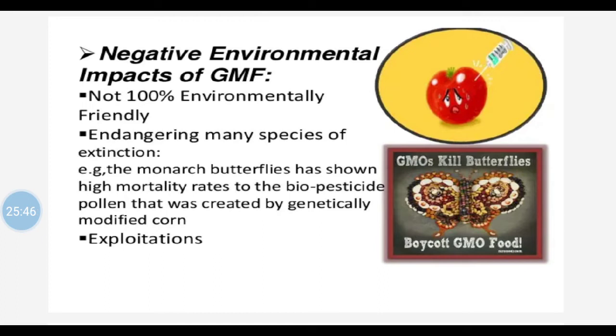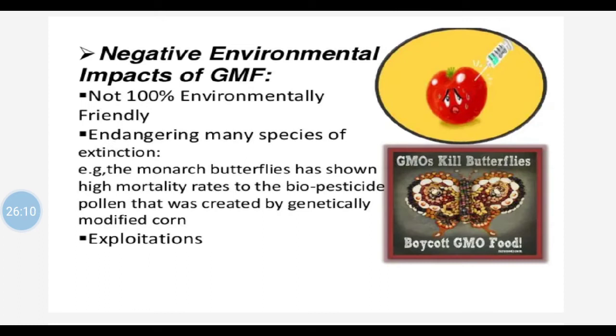So these GM foods are harmful to other species also. For example, butterflies. The mortality rate of these monarch butterflies is high due to biopesticide pollens that were created by genetically modified corn.